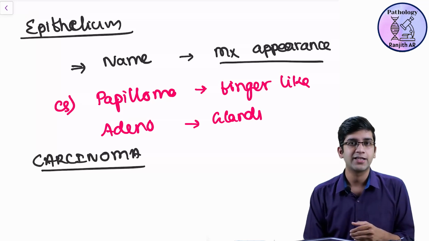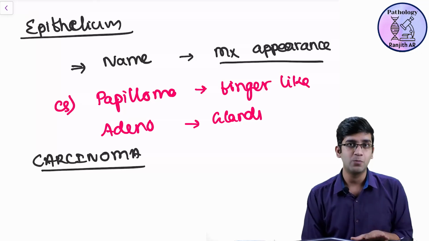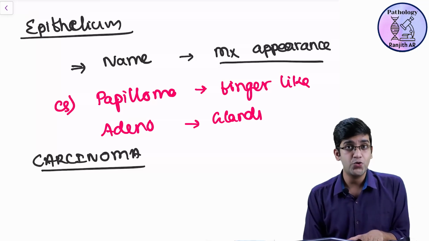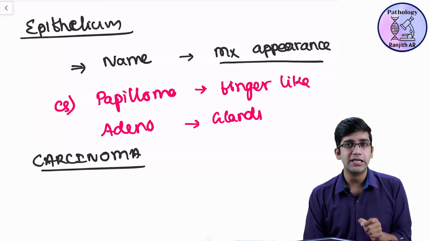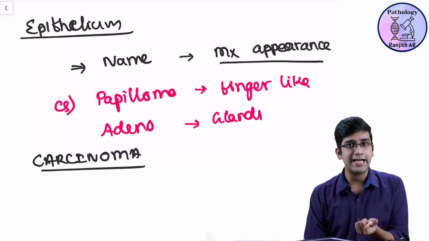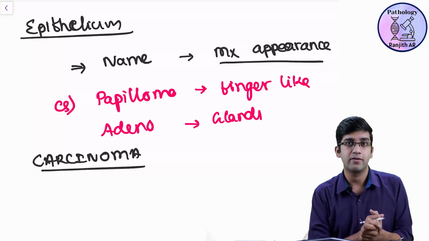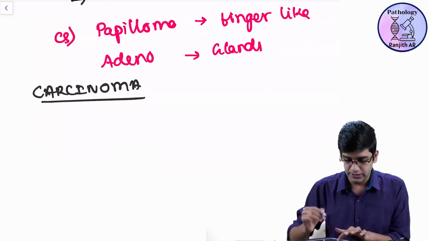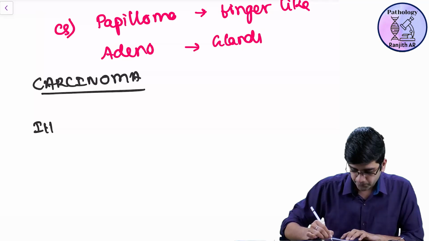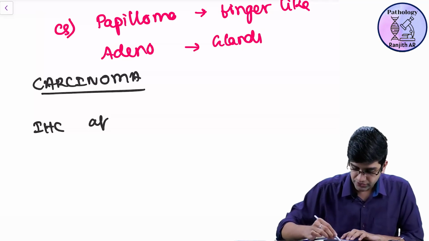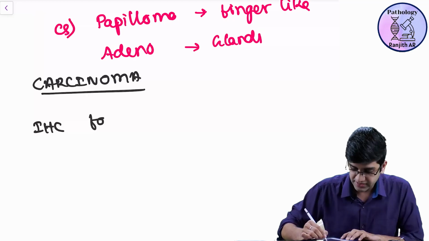I said that every tumor is monoclonal. Every cancer is monoclonal. If that is true, I can have one marker saying that all these cancers come from epithelium. Right? I'm going to say two things. IHCs for all carcinomas. See, this is sensitive.